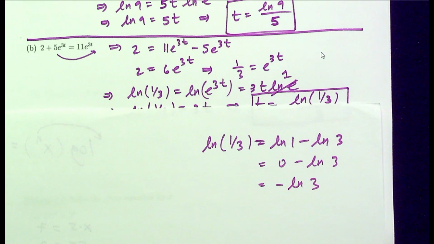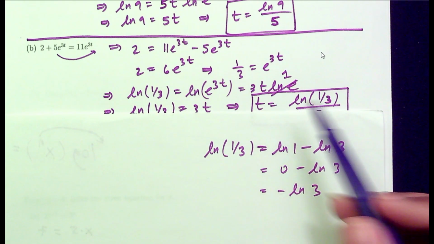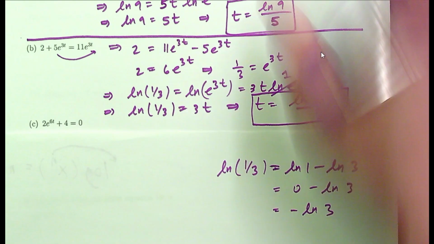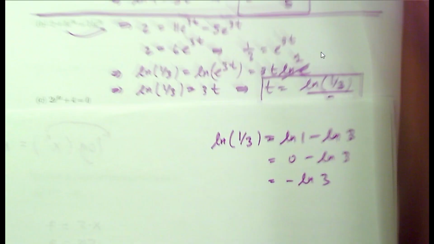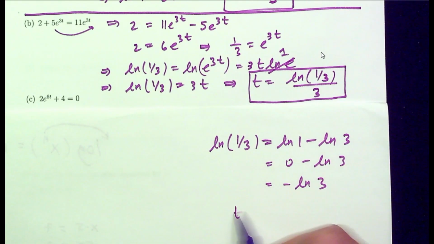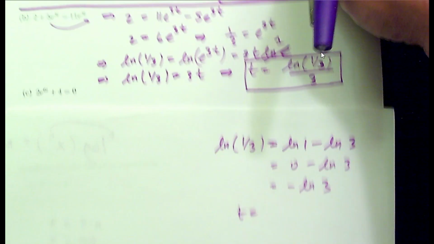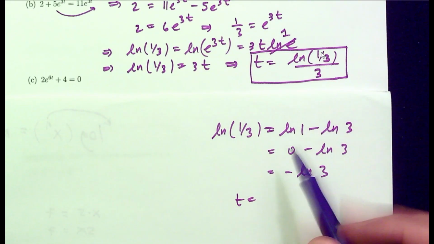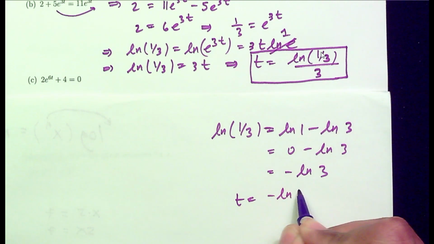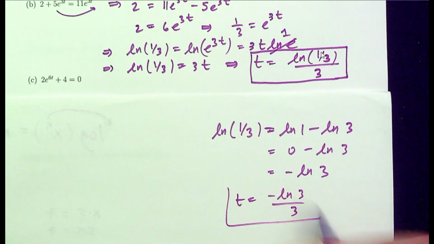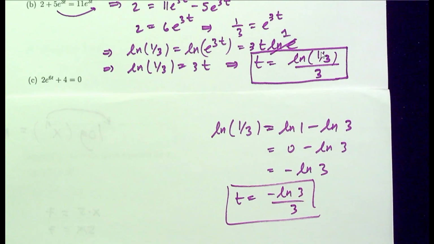So that means that the top is actually negative ln of 3. So another way I could give that answer would be as t equals, instead of writing ln of 1/3, I could write negative ln of 3 over 3. So that would be another way of giving the same answer.